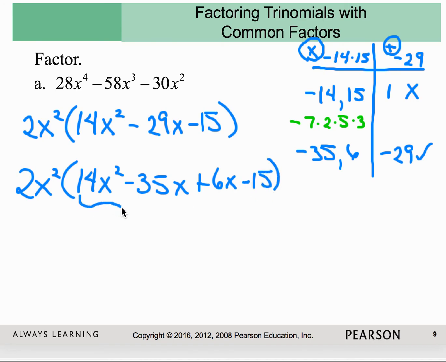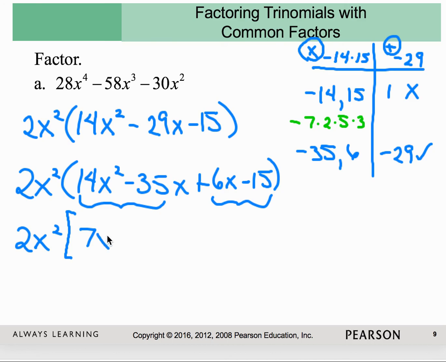Okay, and then factor by grouping. So those first two terms have a 7x in common. And again, maybe it'd be less confusing for us if when we had a greatest common factor, we used a bracket for that first parenthesis.